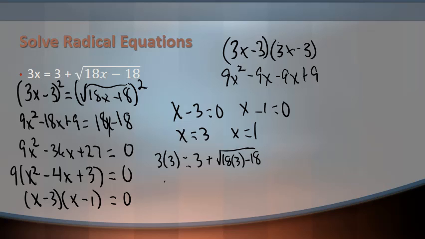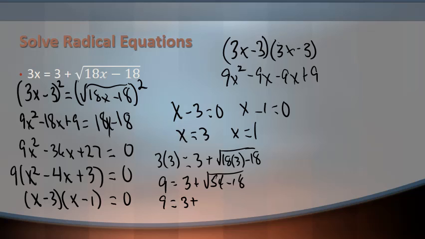Well, 3 times 3 is 9 equals 3 plus the square root of 18 times 3, which is 54. Let me double check that. Yeah, 54 minus 18.